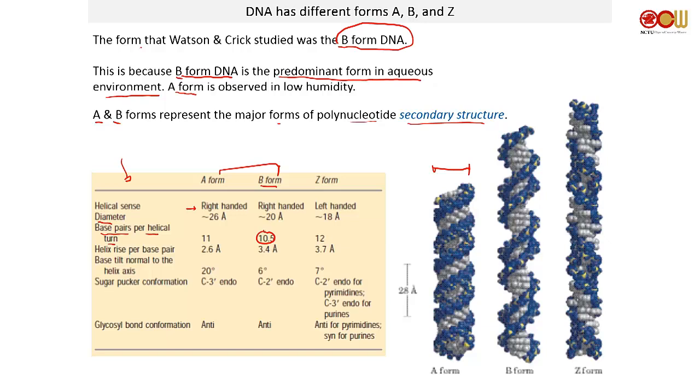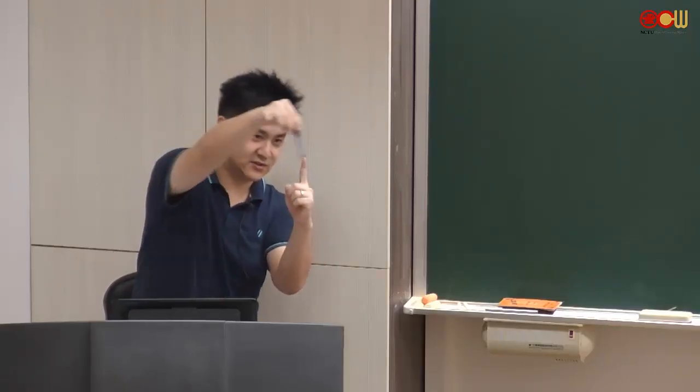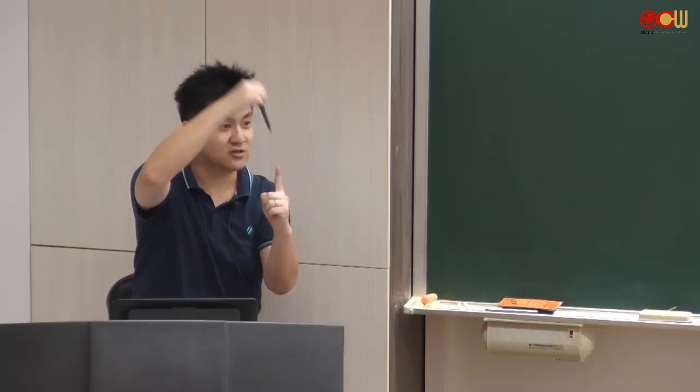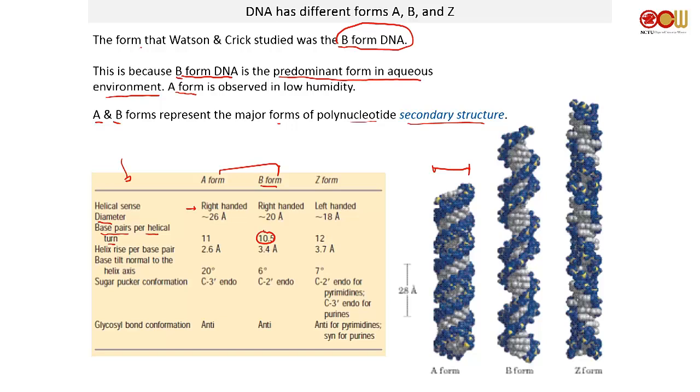A turn means, let's say you have one base right here, and the next time it comes back after circling, that's one turn. So how many base pairs are required to make a complete circle? That's one turn. You also have different base tilt normal to the helix axis.